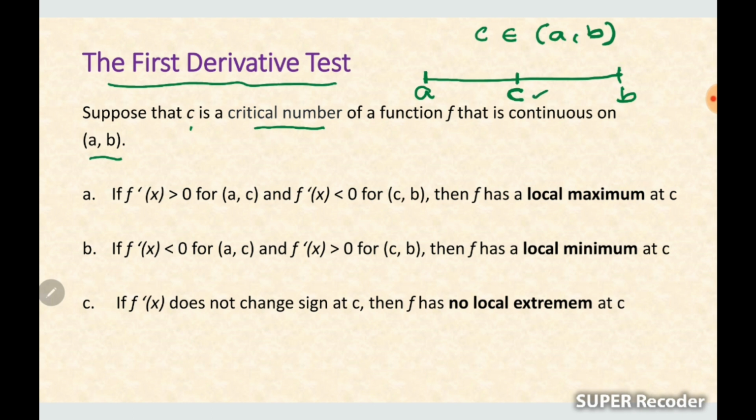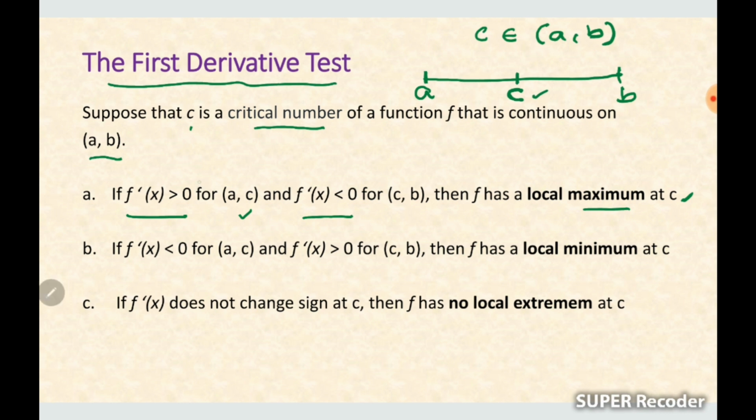Number 1, if the derivative of f is more than 0 for the interval from A to C, and the derivative of f, or f prime x, is less than 0 for the interval from C to B, then f has a local maximum at point C. For this, you can refer to diagram A. After this we will look at the diagram.